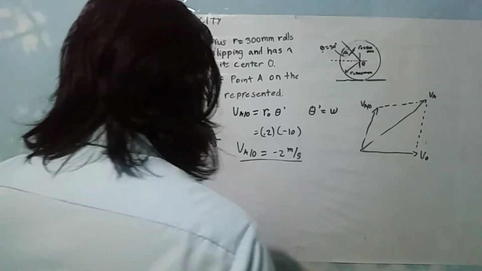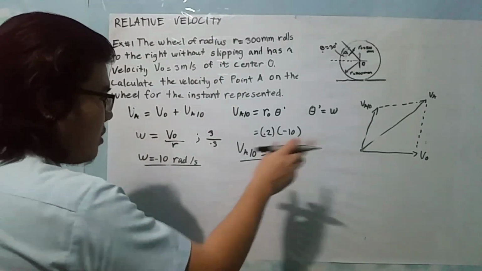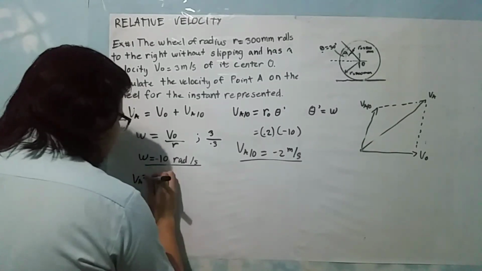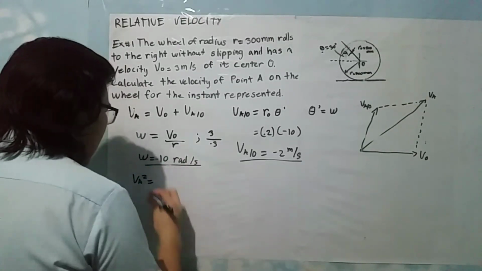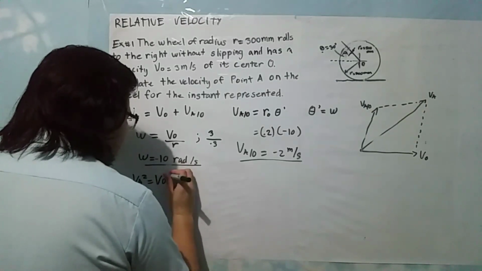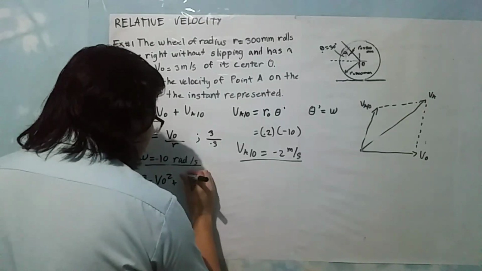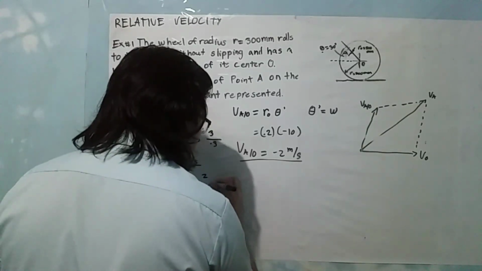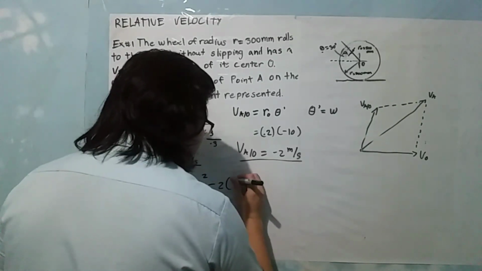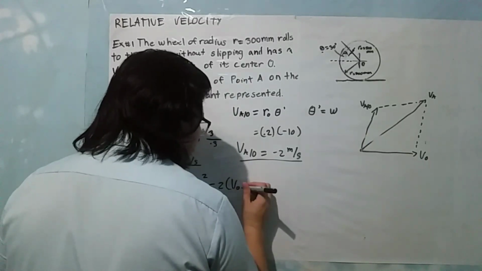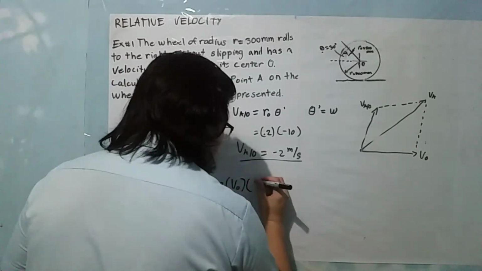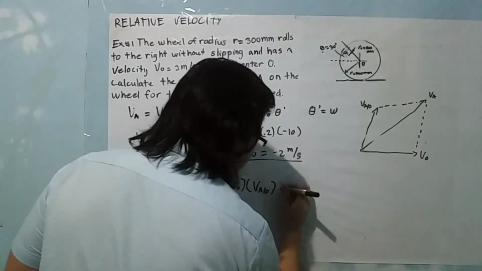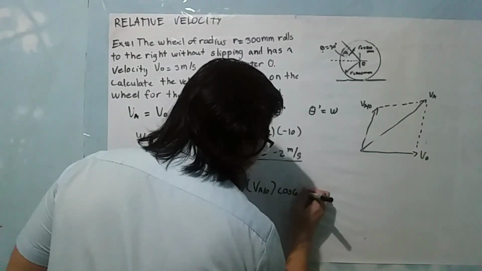So the formula that we are going to use in order to solve for v sub a is va squared is equal to vo squared plus v of a and o squared minus 2 multiplied by v of o multiplied by v of a and o cosine 60 degrees.